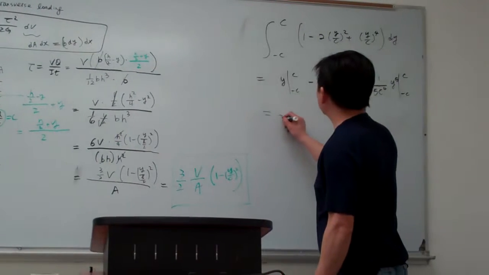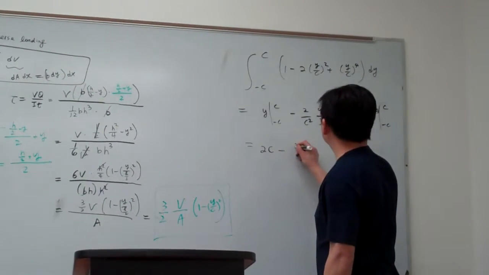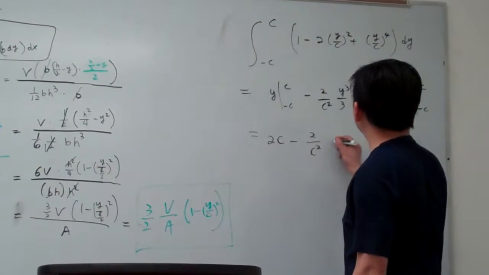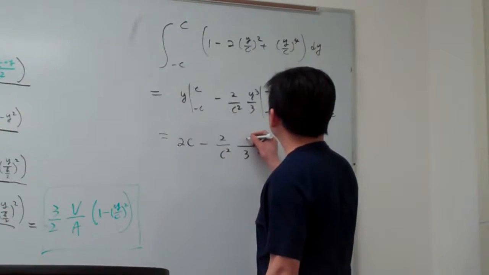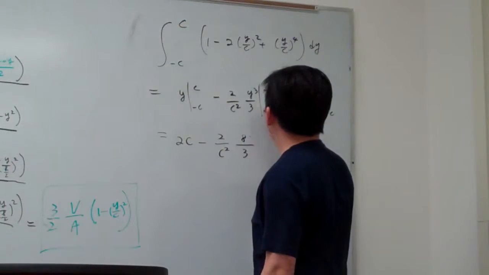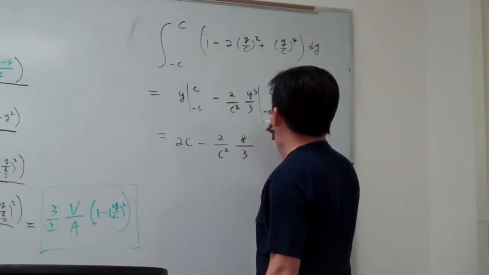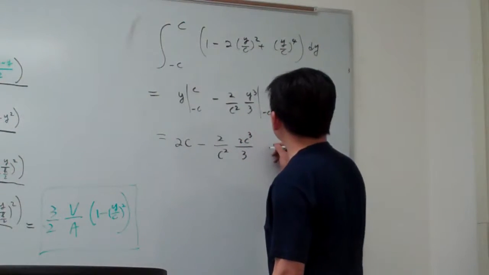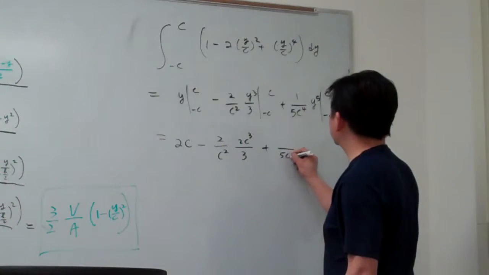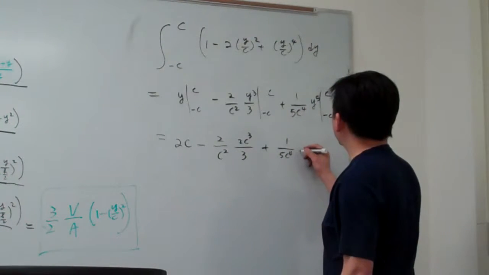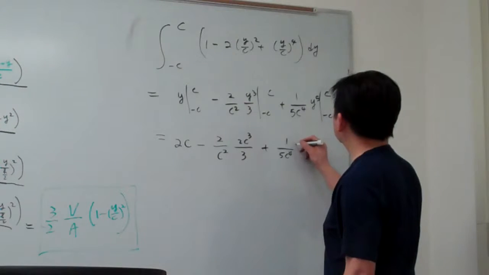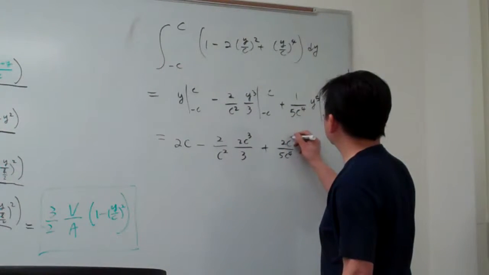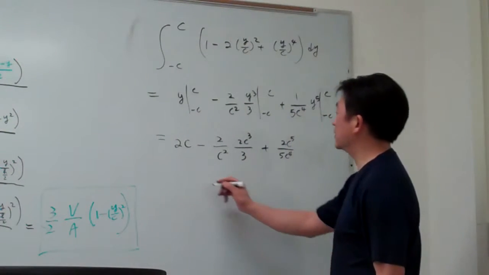Okay. There is 2c, minus 2c cubed over 3, plus 2c fifth over 5.